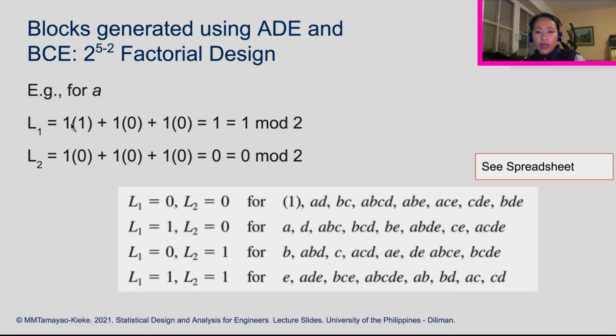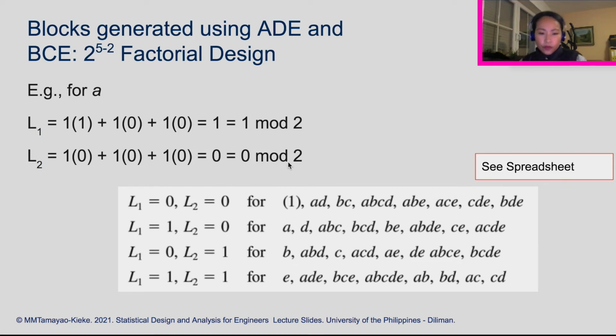So that would be 1 times 1, plus 1 times 0, because we don't have high level of D here, plus 1 times 0 because E is also at low level here. So this is equal to 1, and this is 1 modulus 2. For L2, it would be 1 times 0 plus 1 times 0 plus 1 times 0, and this is equal to 0, so this is 0 modulus 2.